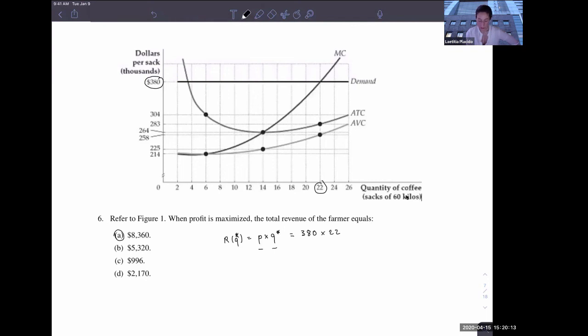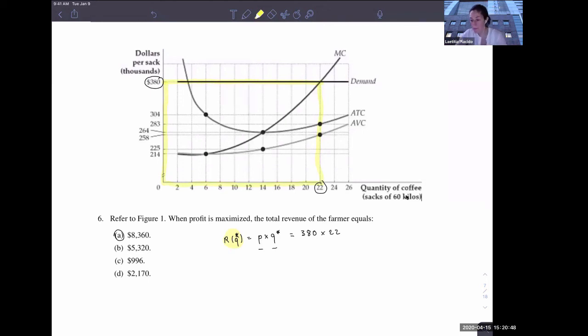What is the price? It's 380 here. You multiply that by the quantity, which is 22. So total revenue on that graph is simply this area here, this yellow area. That's total revenue. You don't take into account the costs.